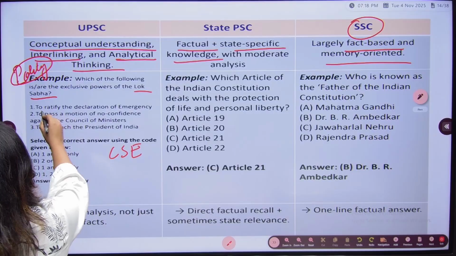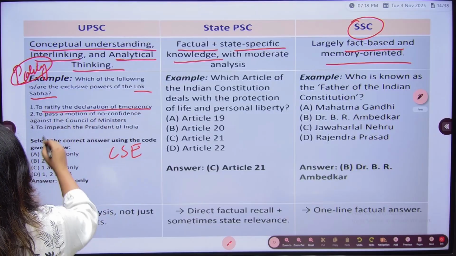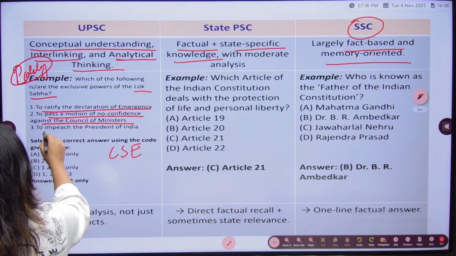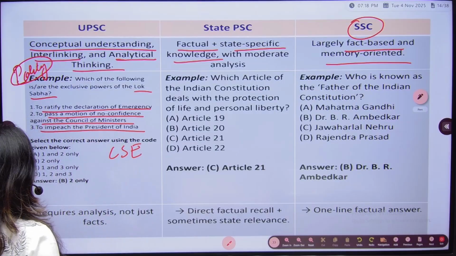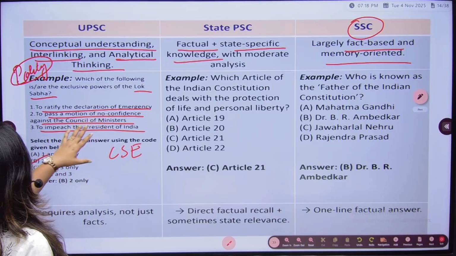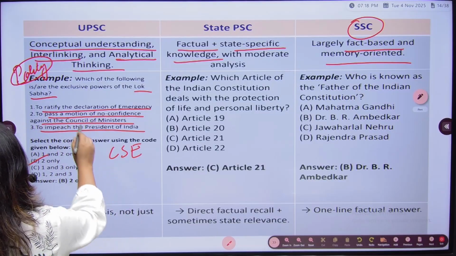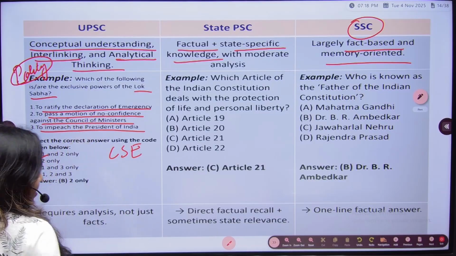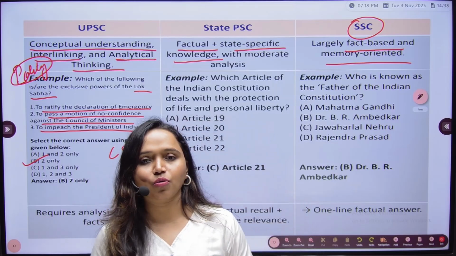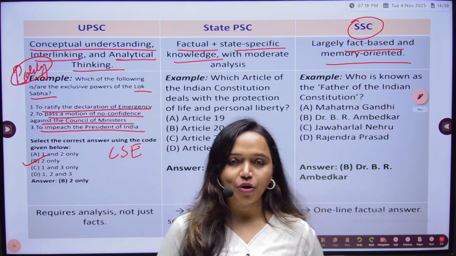So here it is: to ratify the declaration of emergency, to pass a motion of no confidence against the Council of Ministers, to impeach the President of India. And the right answer is 2, because Lok Sabha exclusively can pass a motion of no confidence against the Council of Ministers. The other two things also require the permission or involvement of Rajya Sabha.